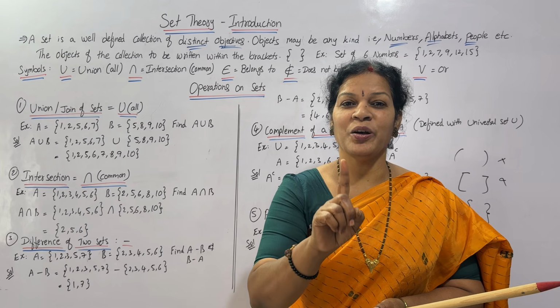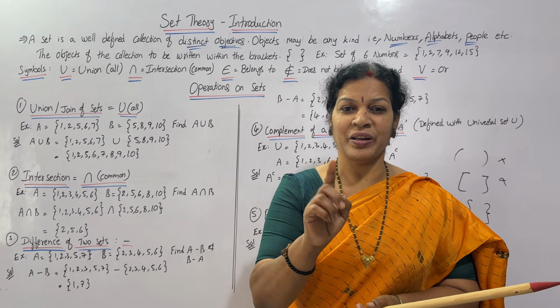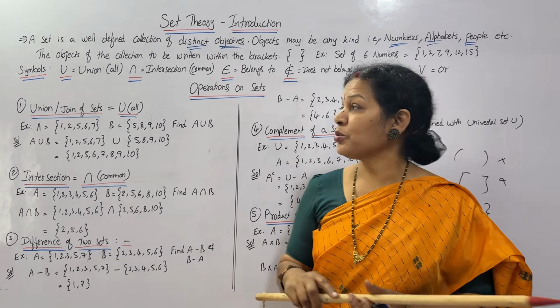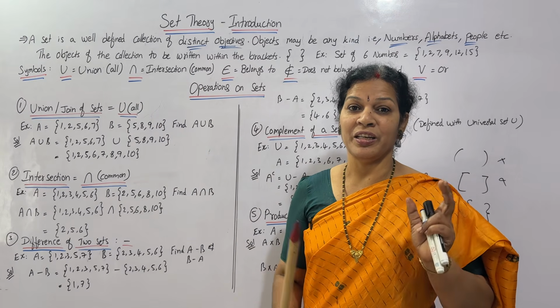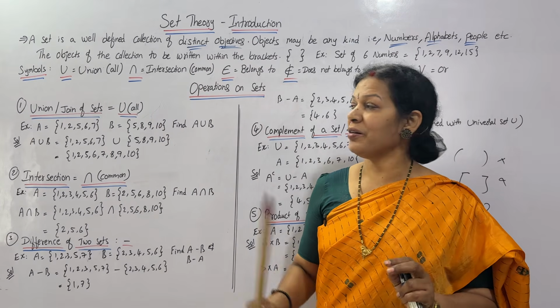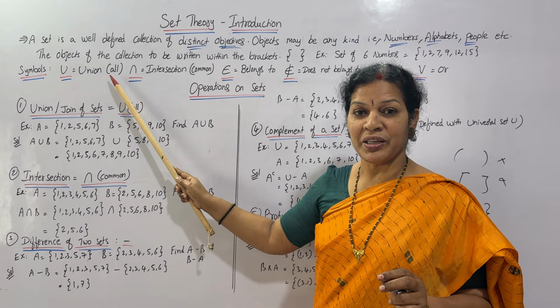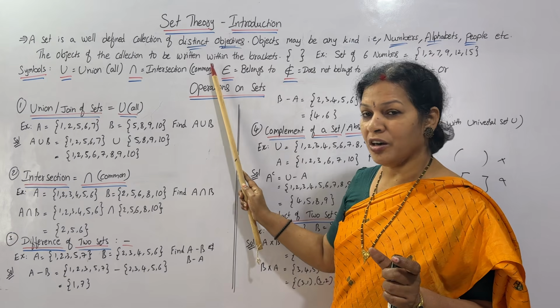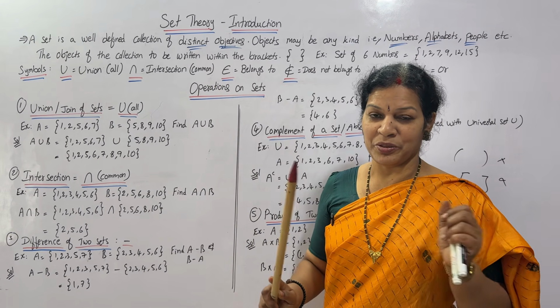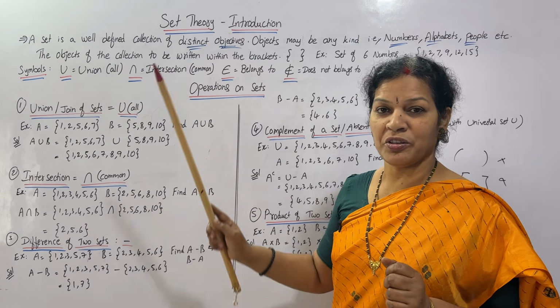Common is only one number, 1. The rest of the numbers are not common. So intersection means only the common elements, not all. In U we have taken all. In intersection we take only the common numbers or common elements.